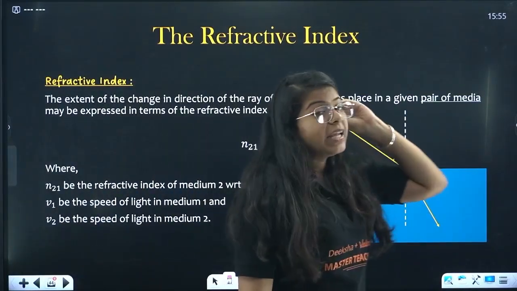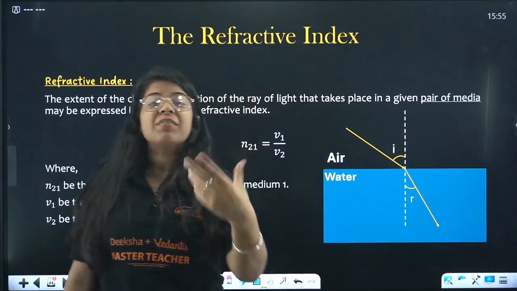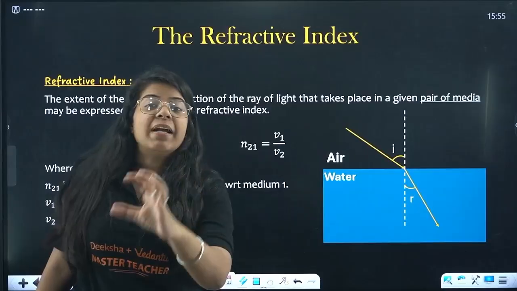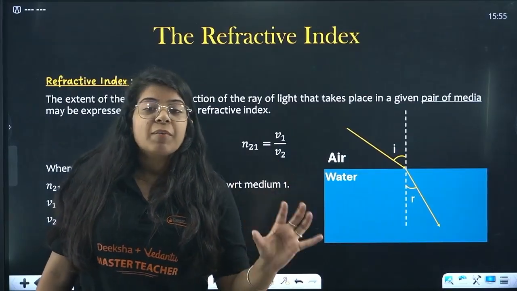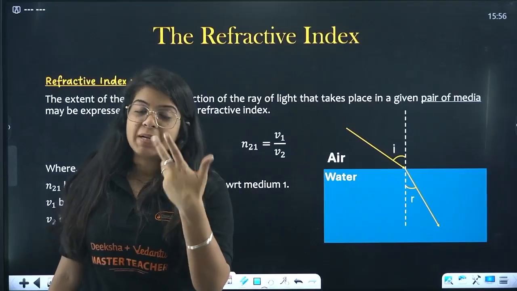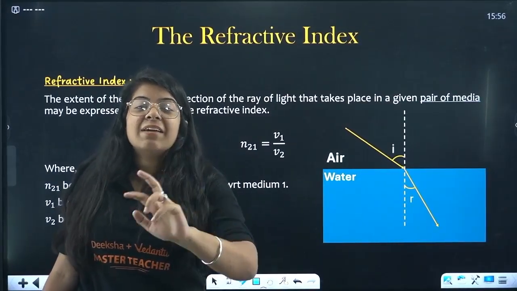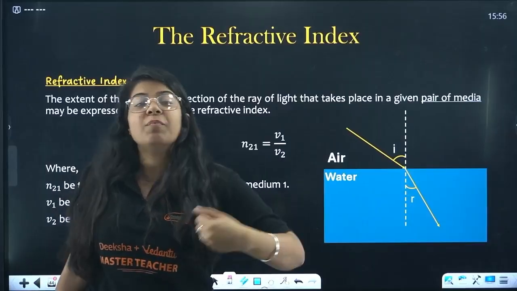Now refractive index beta, we talked about air and water. They have different densities and the bending of light is different, right? From air to water, bending will be at a different angle. From air to glass, the bending will be at a different angle because their densities are different and hence their refractive indexes are different. What do you mean by that?